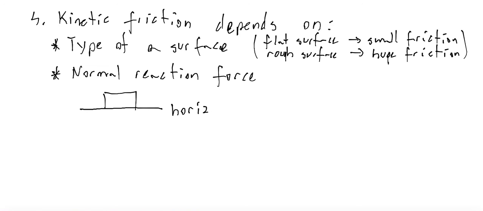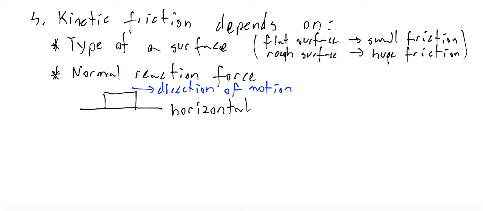If the object is located on a horizontal surface and moves in one direction, then the normal reaction force has the same value as the gravitational force acting on the object.